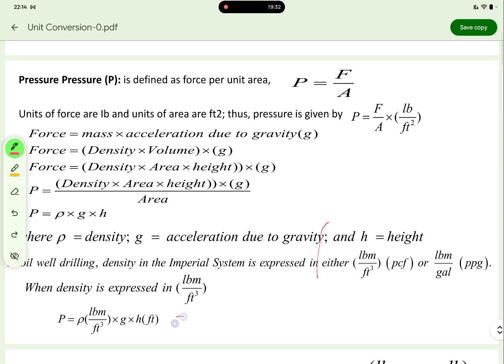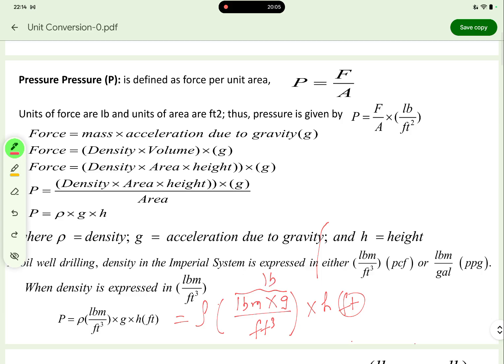Okay, so rho is there, right? And I have written rho as lbm multiplied with g divided by feet cube. You need to remember this. Now h is the only thing left, h in feet, and these two together give lbf, right?